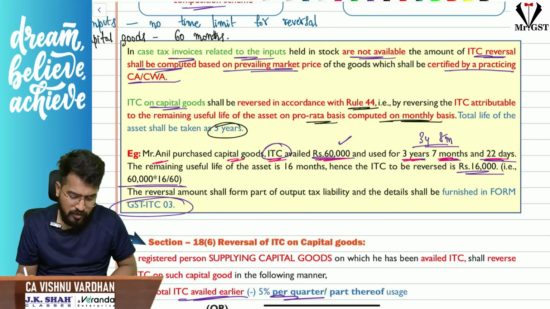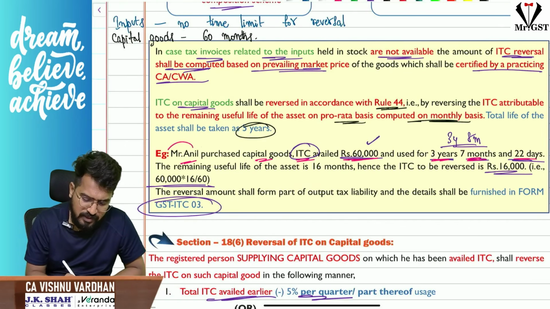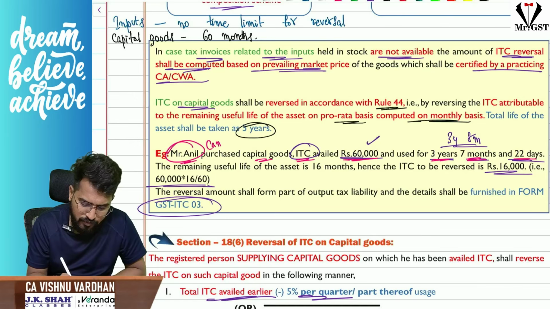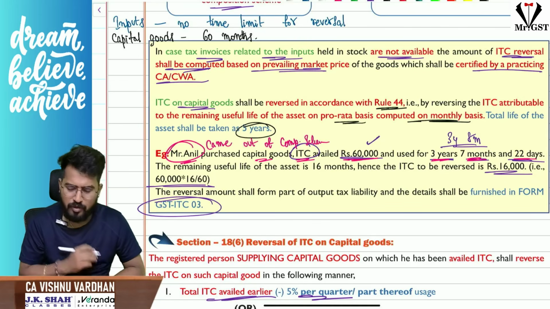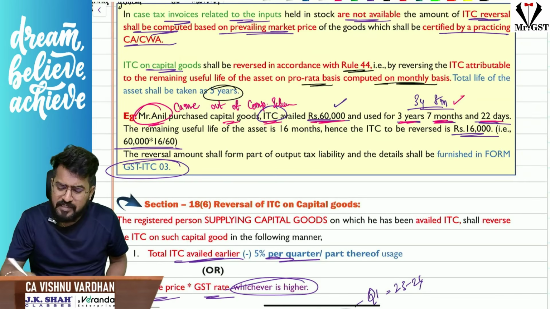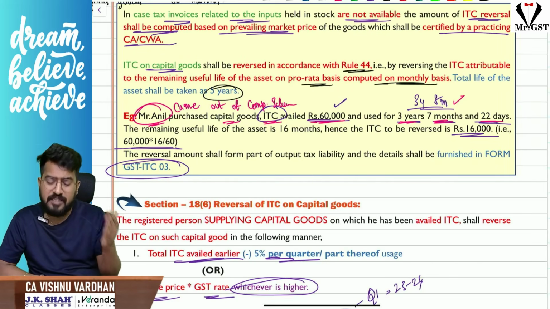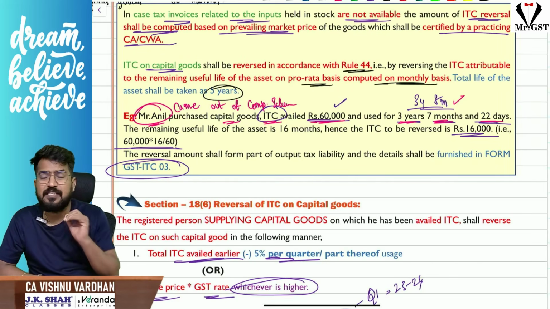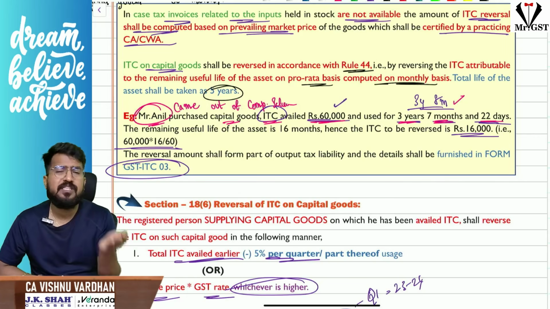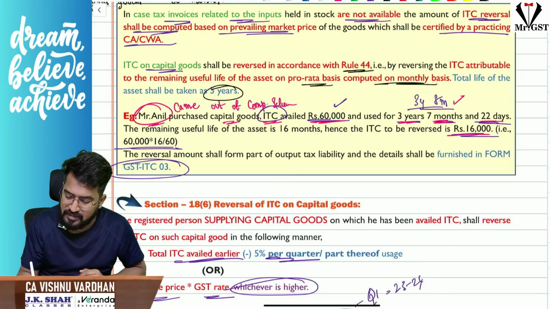Let us assume he came out of composition scheme. So we will take 3 years, 8 months as used. So of 5 years, 3 years 8 months are over, which means still 1 year and 4 months, that means 16 months is still pending. So 60,000 into 16 divided by 60 means 16,000 should be reversed.